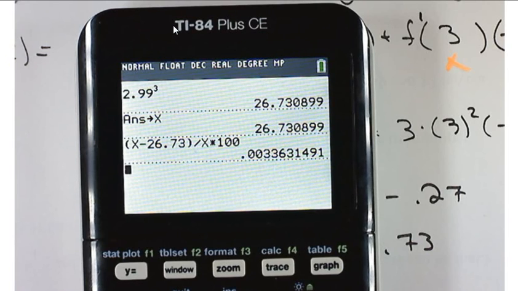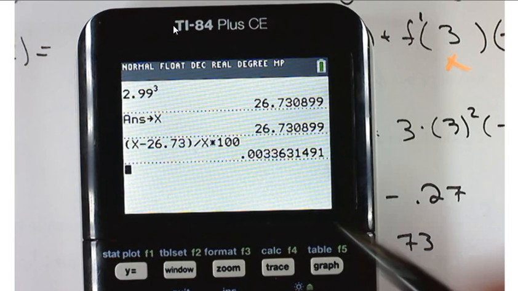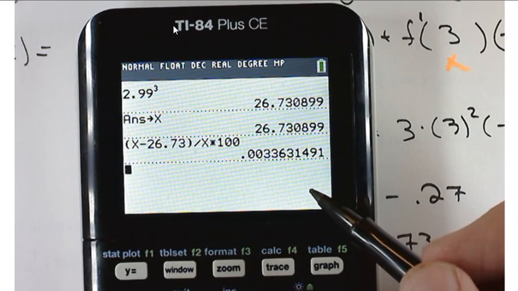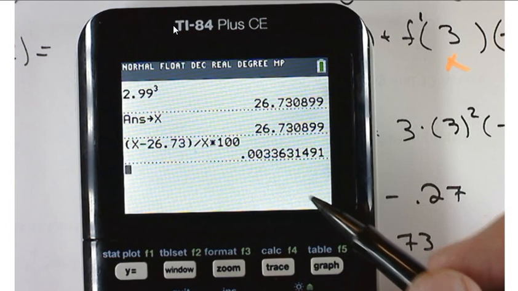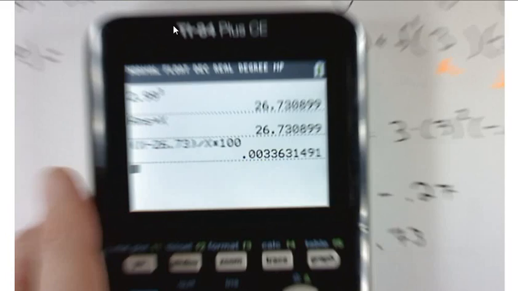Wow, that's a really, really small relative percent error. That's about 1/3 of 1/100th of a percent off. That's really, really good. So, great estimate there for us.